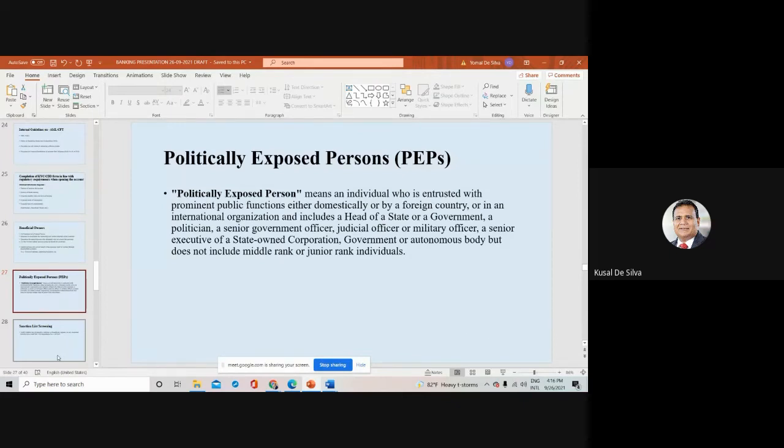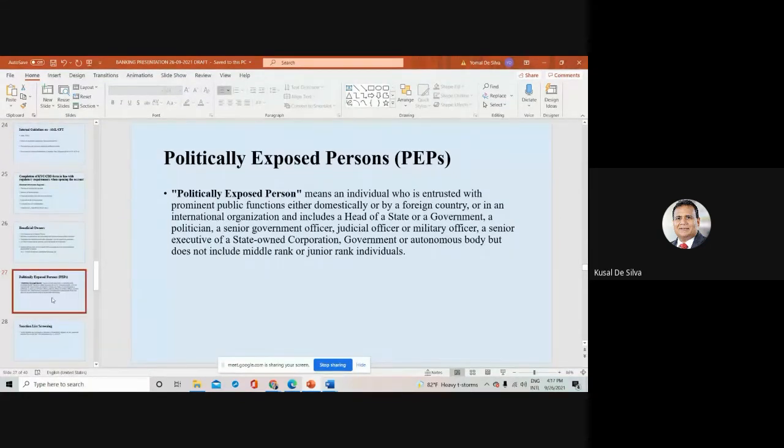A politically exposed person means an individual entrusted with prominent public functions, either domestically, in a foreign country or in an international organization, and includes a head of state or government, a politician, a senior government officer, a judicial officer or military officer, a senior executive of a state-owned corporation, government or autonomous body, but does not include middle or junior rank individuals.